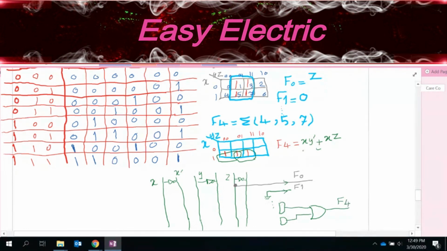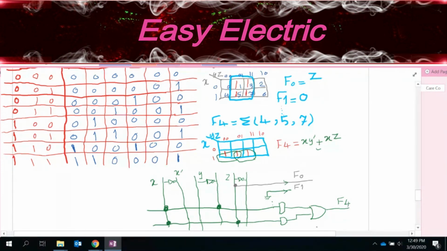And take a look at the input. The first one should be x, y prime. Okay, I just connect this. So I have x and y prime. So this is y prime. This is for the first one. And for the next one, I have x and z. So this should be connected here and it should be connected here.